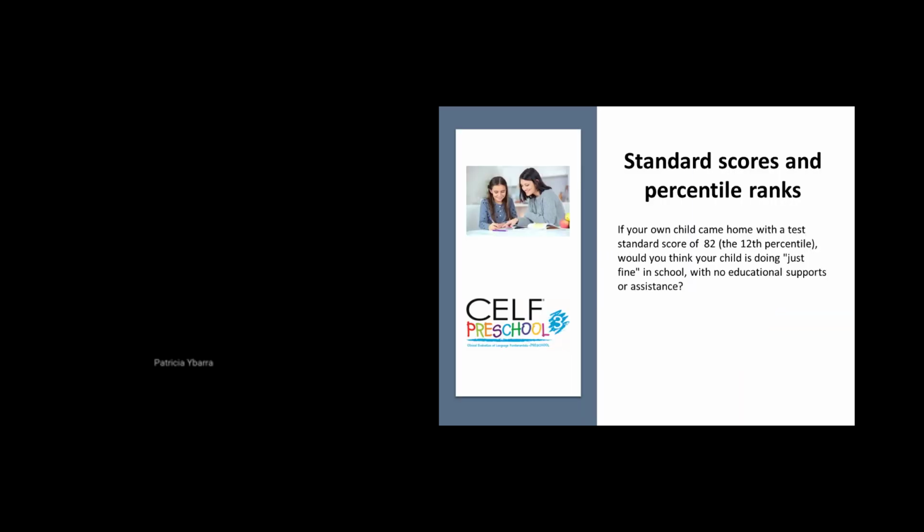So let's discuss how to interpret scores and other results. When looking at standard scores and percentile ranks, a score of 82 may not qualify for eligibility of services depending on the specific guidelines of your local education agency or other funding entity.